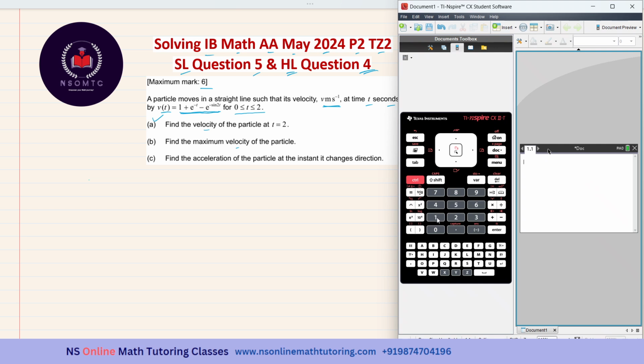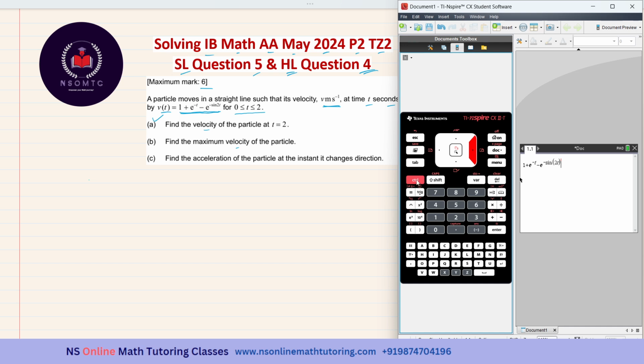And the expression is 1 plus e to the power of negative t minus e to the power of negative sine 2t. Then it is stored, STO in red.